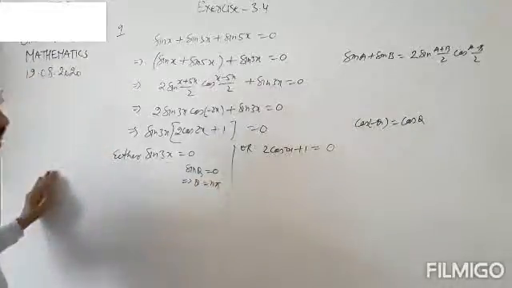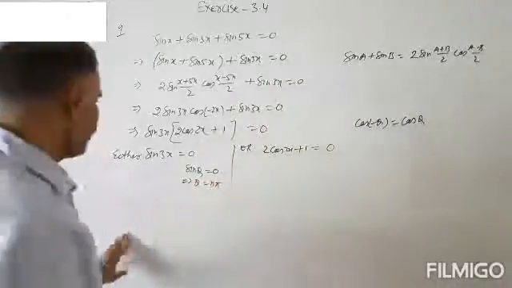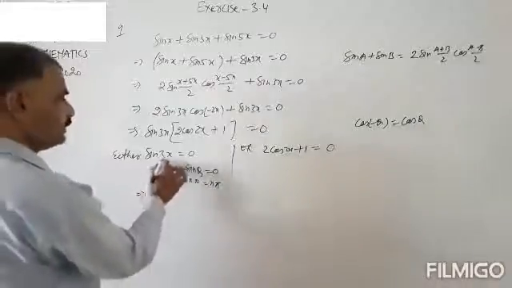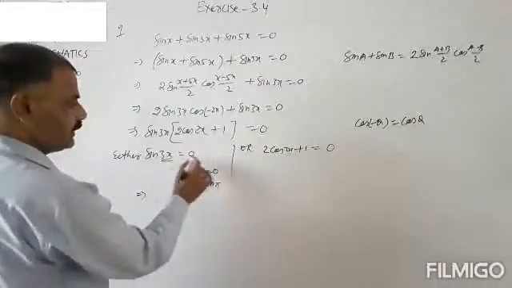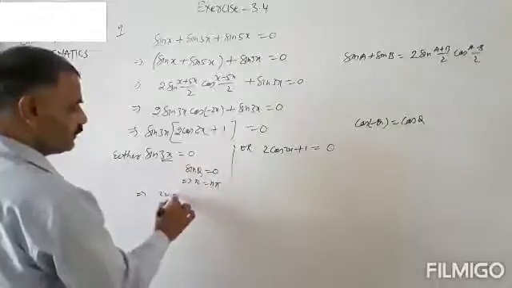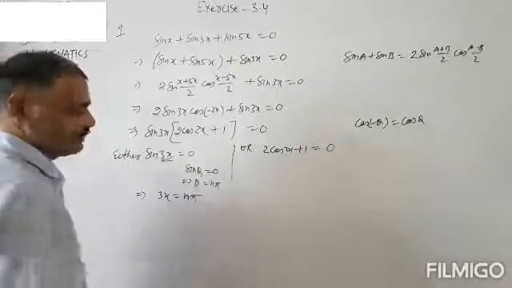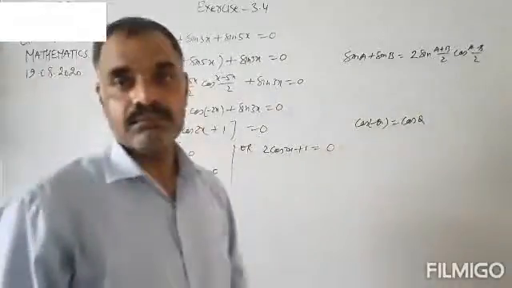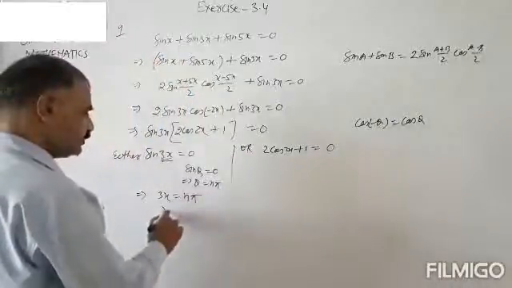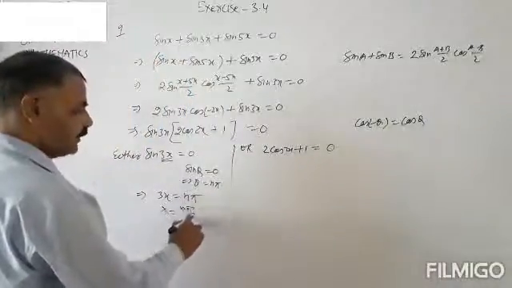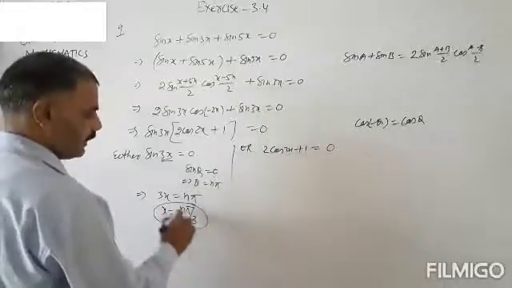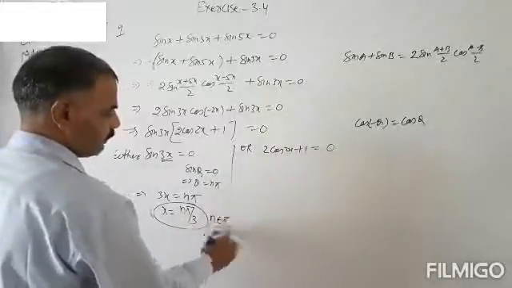So 3x equals n pi, so x equals n pi upon 3, where n belongs to Z, the set of integers.